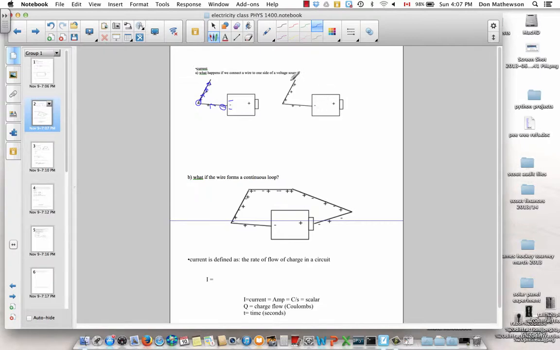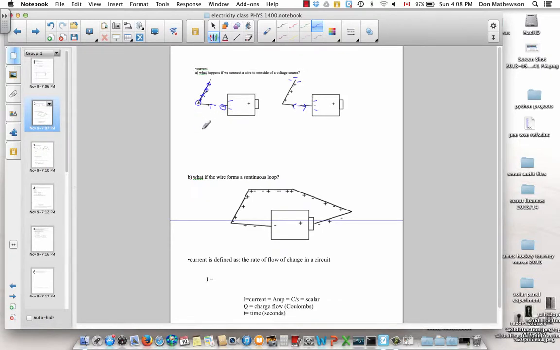Now, of course, what'll happen is you'll build up a little bit of excess on this end, and then the flow will stop because any push from the excess negatives on the Duracell, which would tend to make the charges go that way, is going to be balanced by the push backwards from these excess minuses that have built up on the very end of the wire.